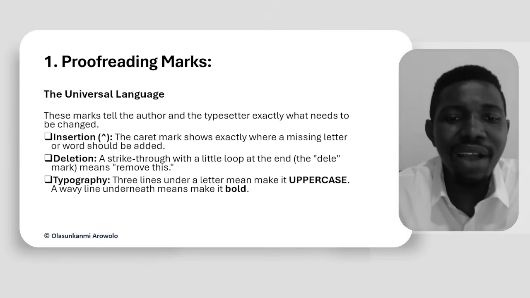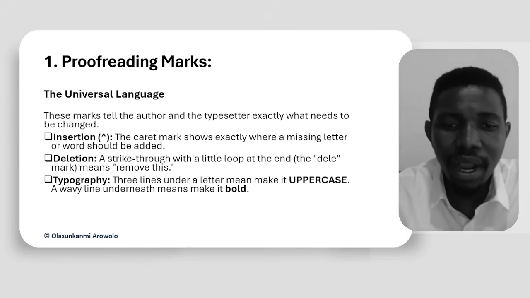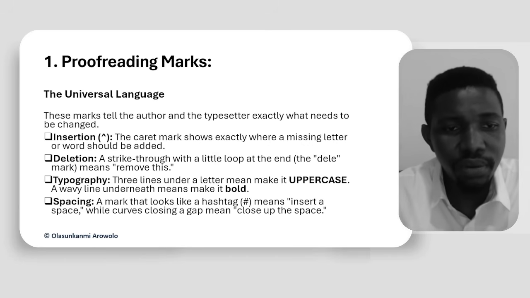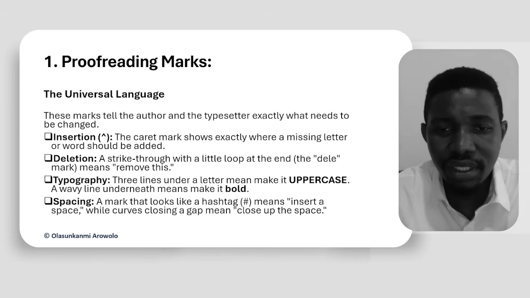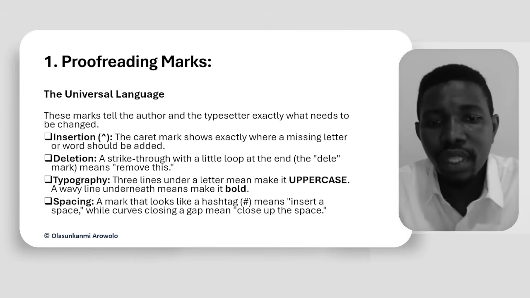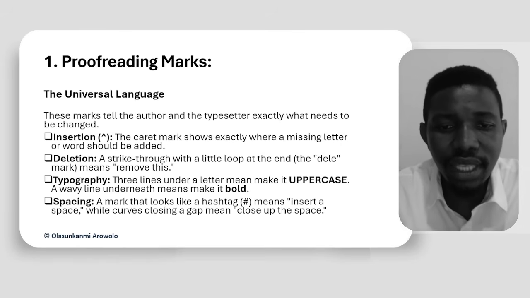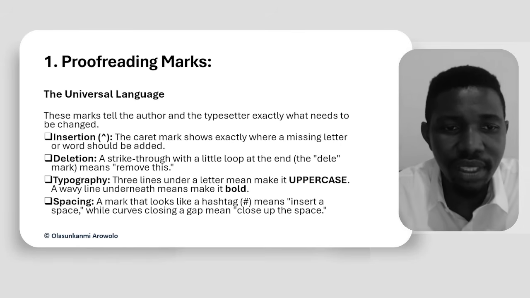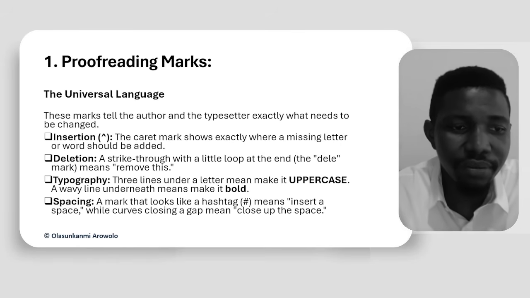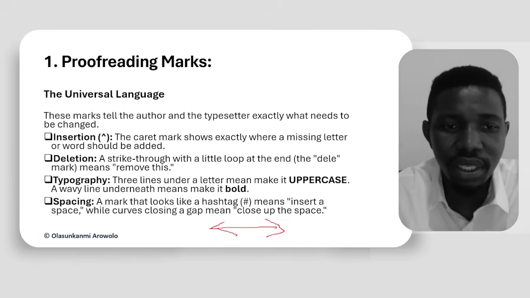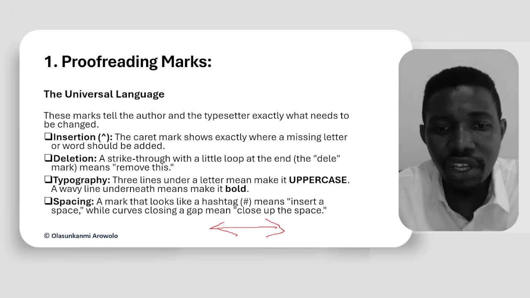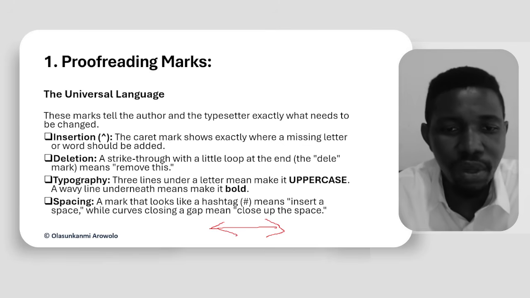Okay, and then we have the spacing mark, which is either a hash, or an insert or close up mark. You can insert or close up spaces using signs like this. You can use this to close off space between things, or you can use a hash, meaning insert space.